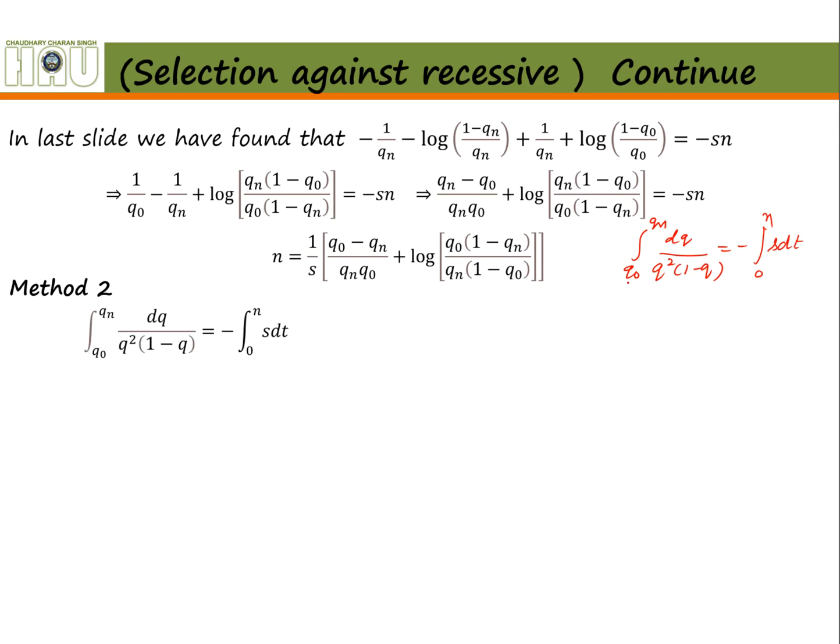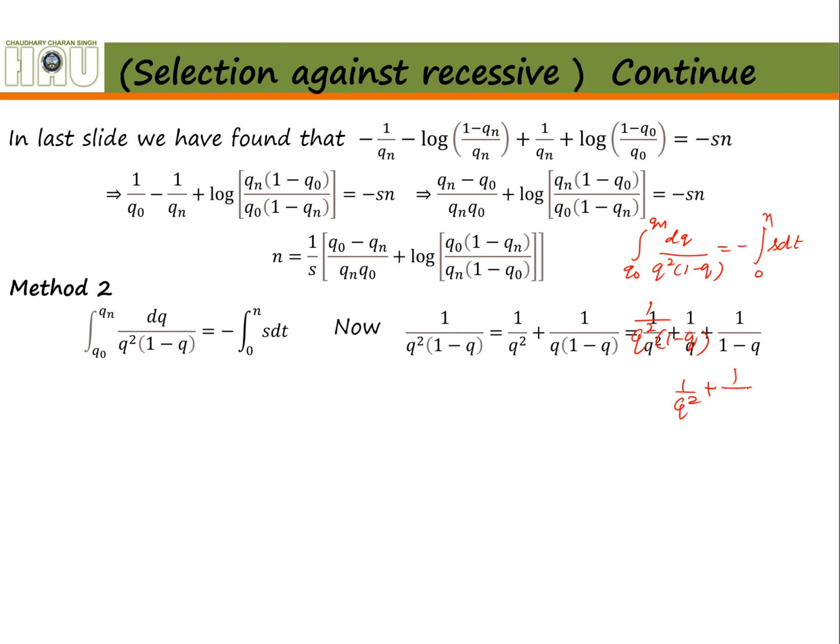So in the second method, I will use 1 upon q square into 1 minus q as 1 upon q square plus 1 upon q into 1 minus q, and on simplification I will get 1 upon q square plus 1 by q plus 1 over 1 minus q.